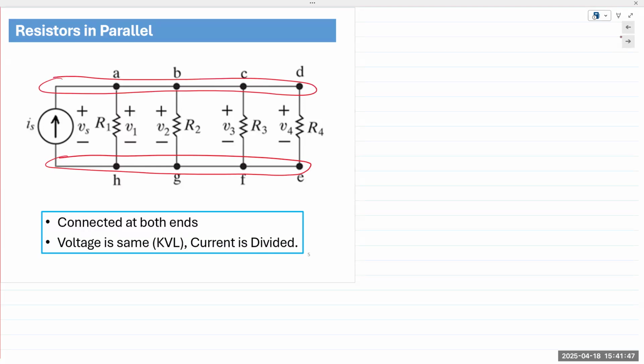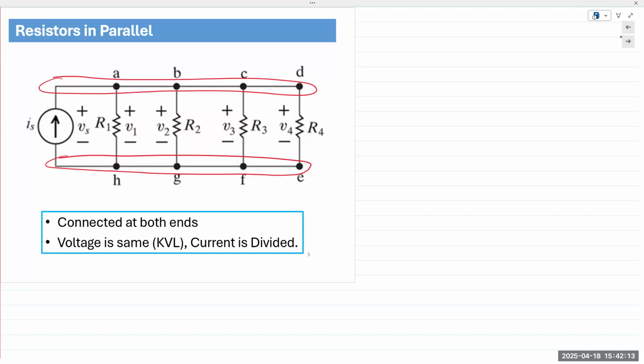There's only 2 nodes in the circuit. So no matter what components are connected, all parallel connections will only have 2 nodes. If you take any 2 nodes in a circuit, all the components connected between those 2 nodes are said to be in parallel.